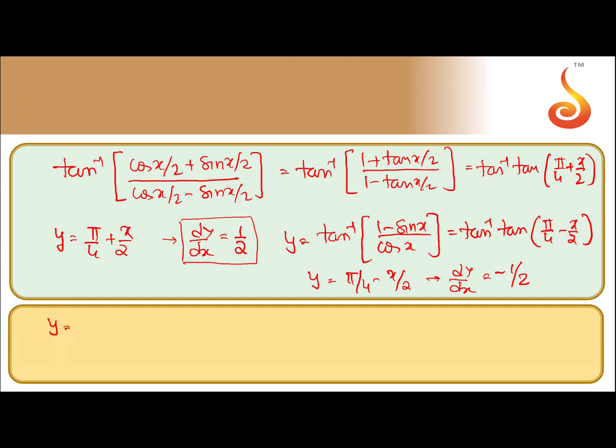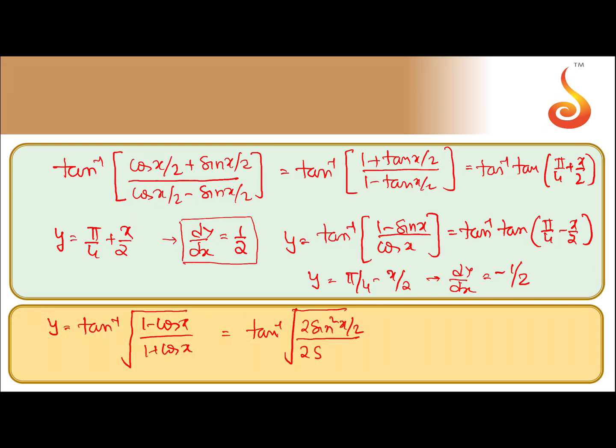Similarly, third one, y equal to tan inverse under root of 1 minus cos x by 1 plus cos x. This will give you tan inverse under root of 2 sin square x by 2 divided by 2 cos square x by 2.